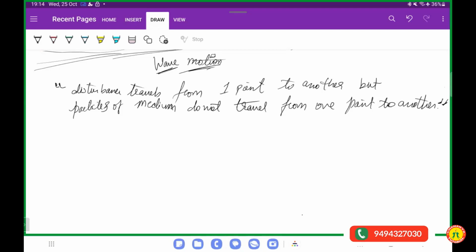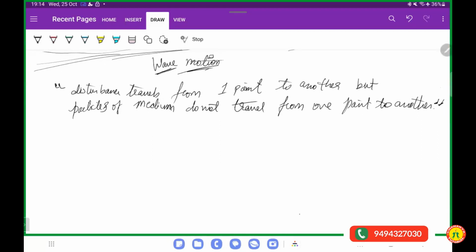Now, there are two ways of traveling for these waves. One mechanical and another non-mechanical. And one more thing we need to keep in mind, these things also require energy to propagate. Propagate in the sense of movement. So, two types of wave.